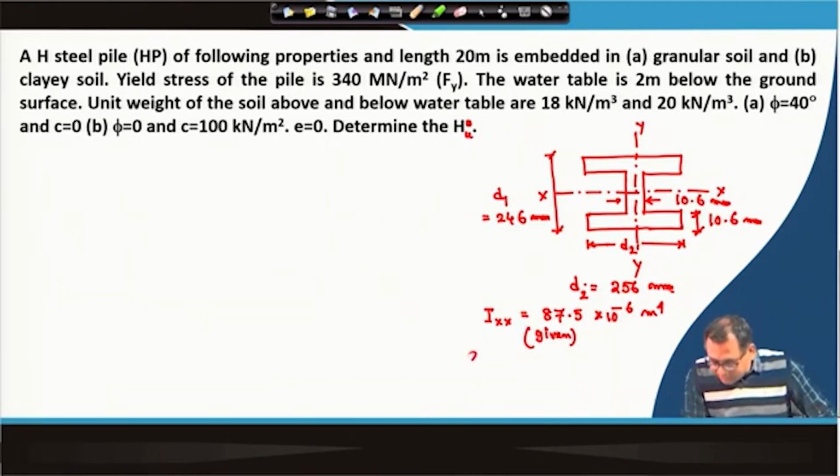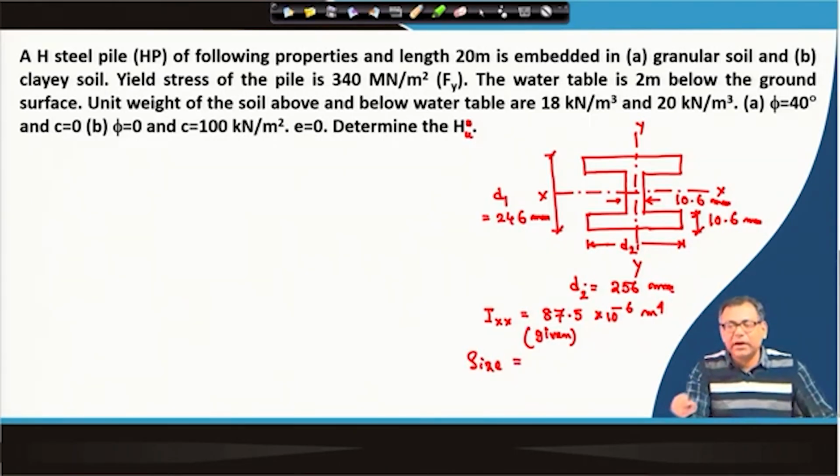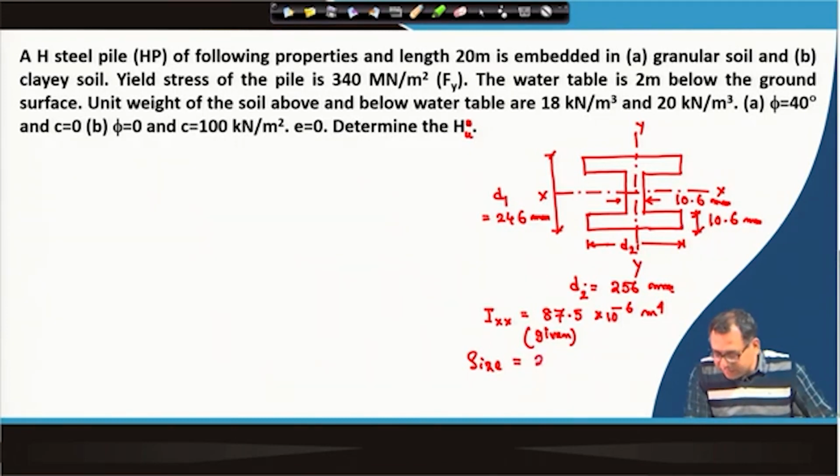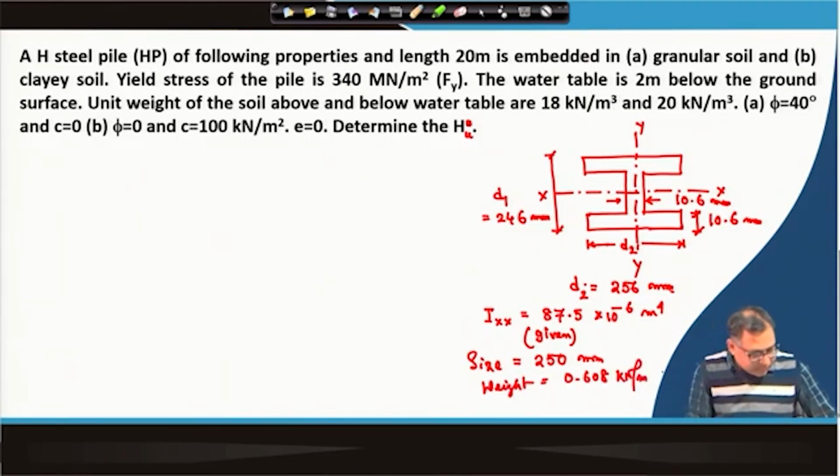Now, the equivalent size of this section is also given, and that is 250 millimeter. The weight is also given, and the weight is 0.608 kilonewton per meter. So, all these values are given.